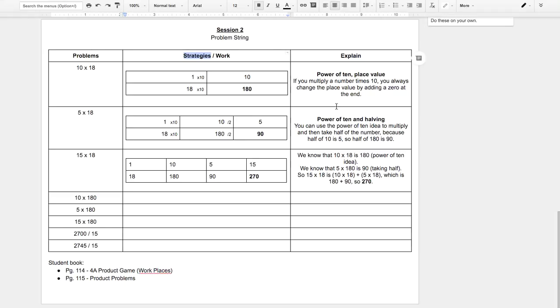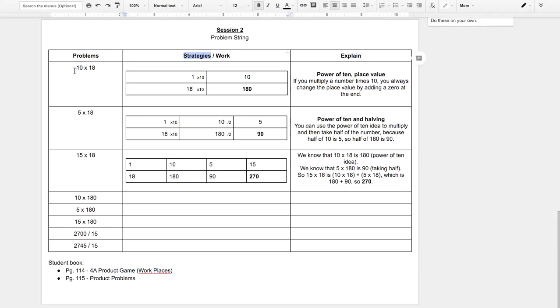For example, you might want to use the doubling strategy one time and then use the power of 10 strategy later. Or you might want to do a combination like power of 10 and then subtract. So it's good to be able to use these different strategies by themselves, but also putting them together so that you can solve these problems easier and faster.